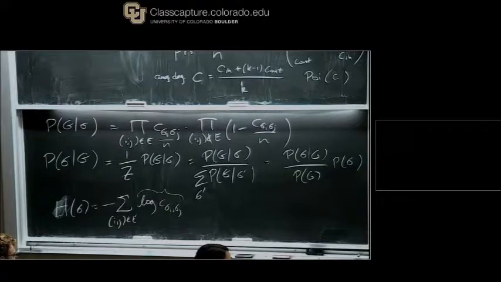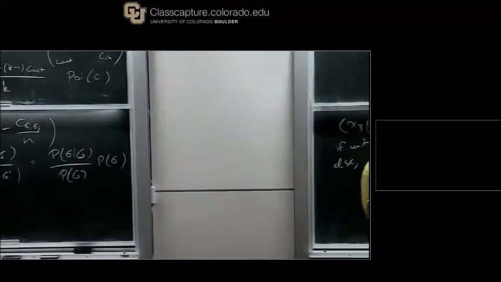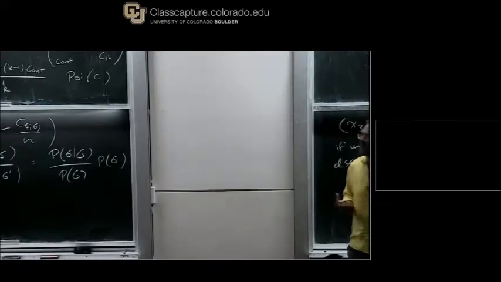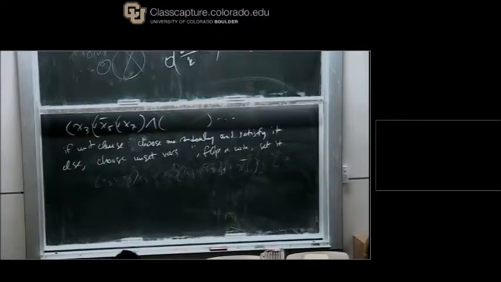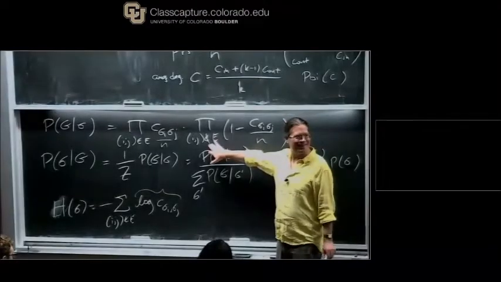On the other hand, in a sparse network where the probability of being connected is only order 1 over n, this is not very much information. On the other hand, there are n squared pairs that are not connected.